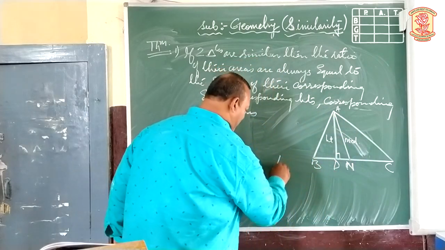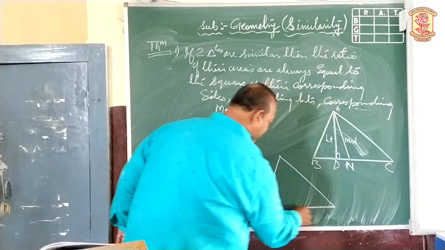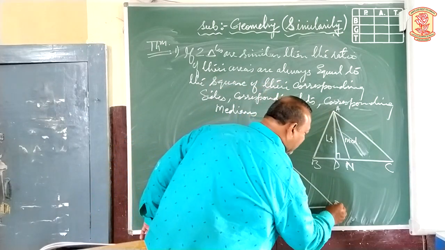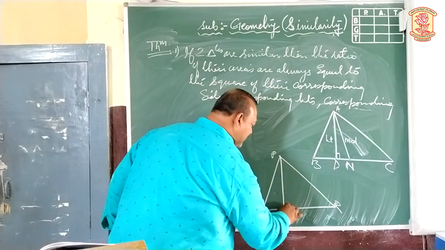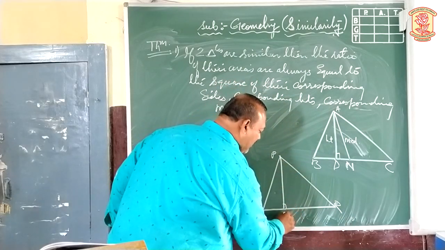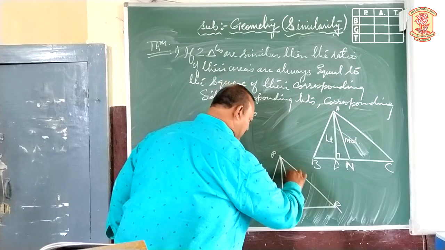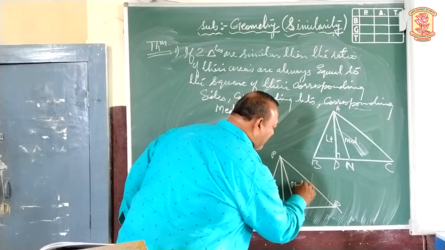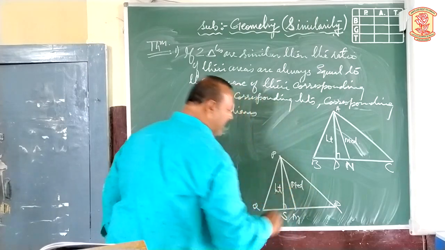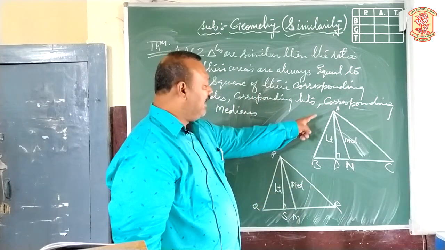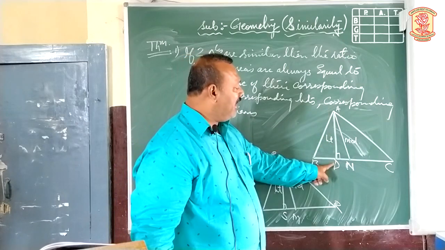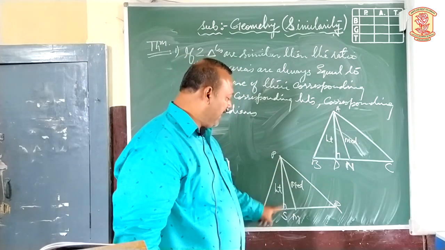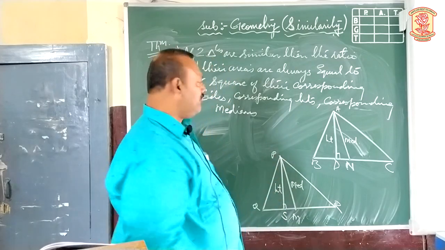Second triangle, for example, is triangle PQR. In this, the altitude is PS, the height, and the median is PM. In triangle ABC, altitude AD, median AM. In triangle PQR, altitude PS, median PM.